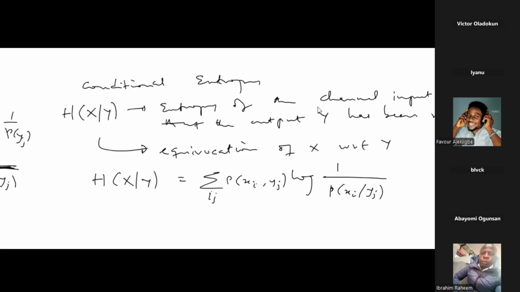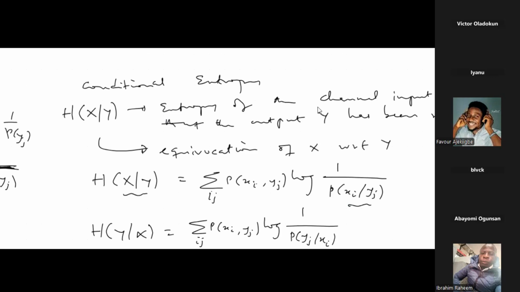That will be the same as this, only that it will be the conditional probability of Y given X, with respect to this, which is X given Y. So for H(Y|X), we now have sigma ij, the joint probability distribution, log 1 over the probability of yj given xi, right?